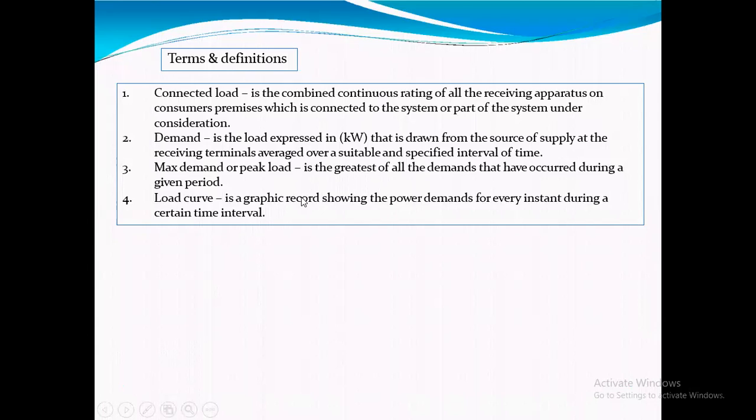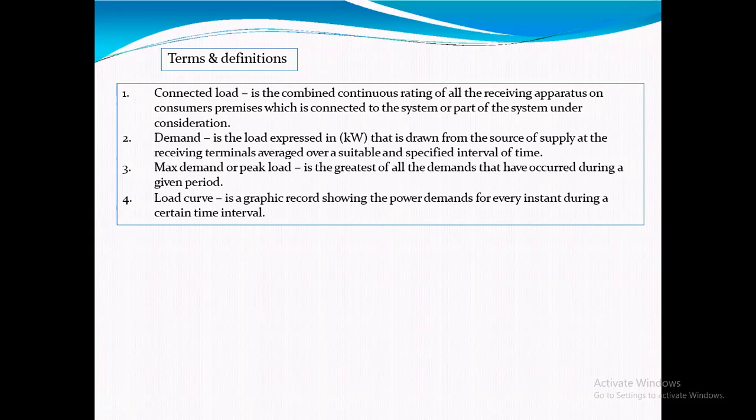The maximum demand or peak load will be felt during or after 6 p.m. to 10 p.m. or 11 p.m. In Karachi, the maximum peak time would be from 5 p.m. to 11 p.m. This is the main peak time at which the peak load is observed by the power plant in Karachi.